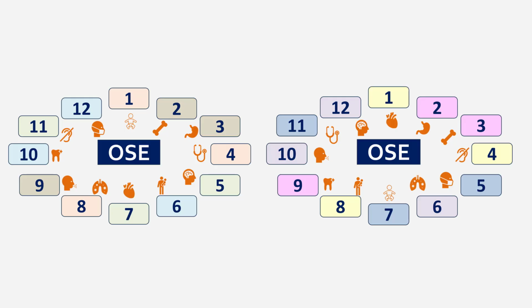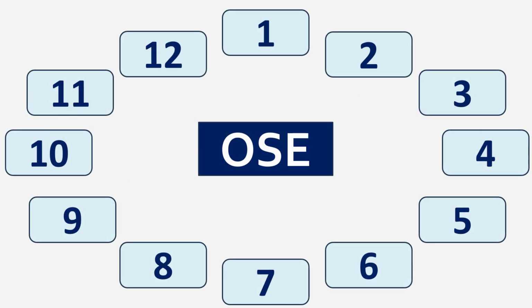A final way to do this is simply to tell the students all of the stations that are going to come up, or to give them a list of, say, 40, 50 or more stations and say, your exam is going to be comprised of 12 to 16 stations from this longer list. There isn't necessarily a right or wrong answer to these sorts of security issues, and we do have to balance the security and validity of the assessment against the overall student or learner experience.